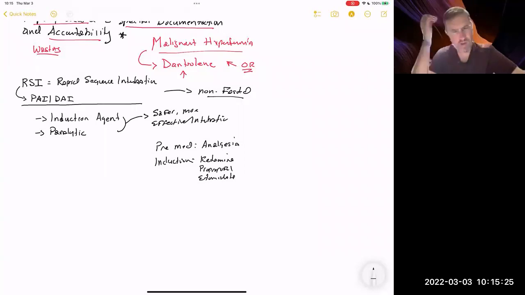The problem is you've got to give a really big dose, something like 0.3 milligrams per kilogram of midazolam. For a 70 kilogram patient, you're looking at over 20 milligrams of midazolam as an induction agent, and most of the time your typical doses of midazolam are around 2 to 5 milligrams.